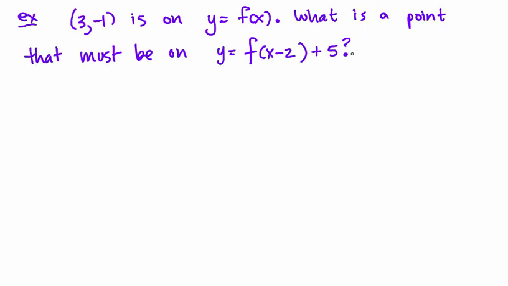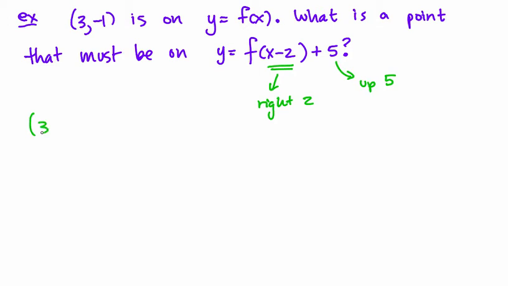Okay, here's another example. We've got a point 3, negative 1, and it's on the function y equals f of x. What is a coordinate or a point that has to be on the function y equals f of x minus 2 plus 5? So if you take a second to dissect this, this means that the whole graph has gone right 2, and this means that the whole graph has gone up 5.